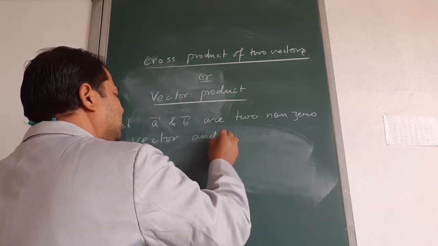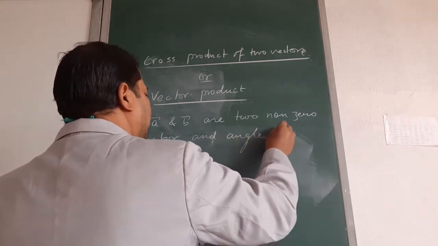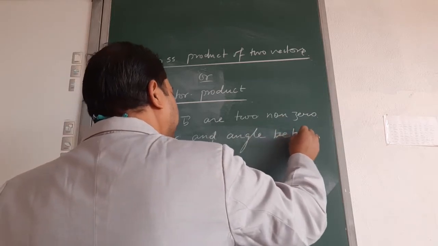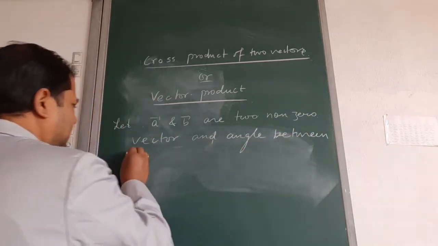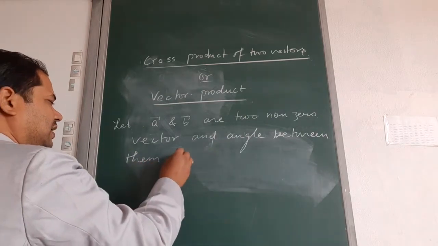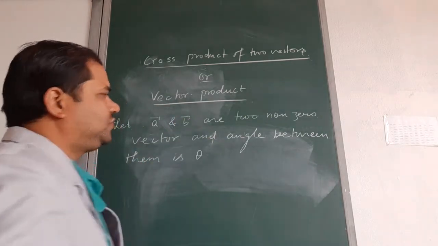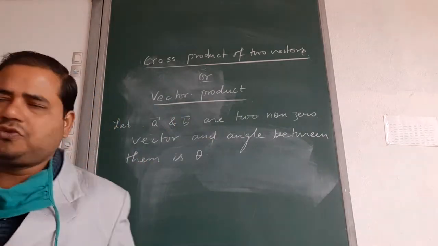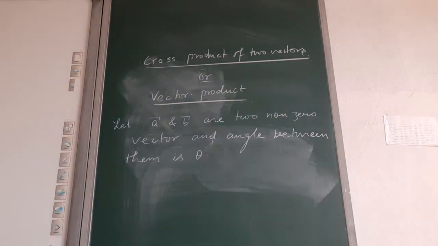Okay? A and B are two vectors and the angle between them is theta.